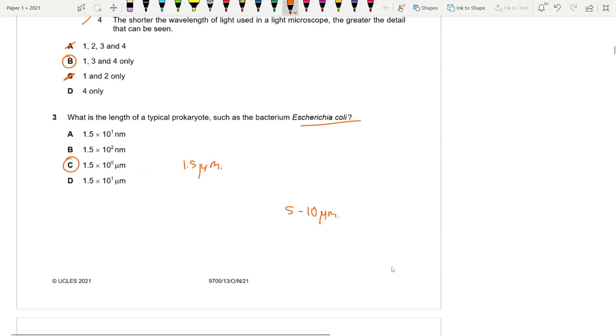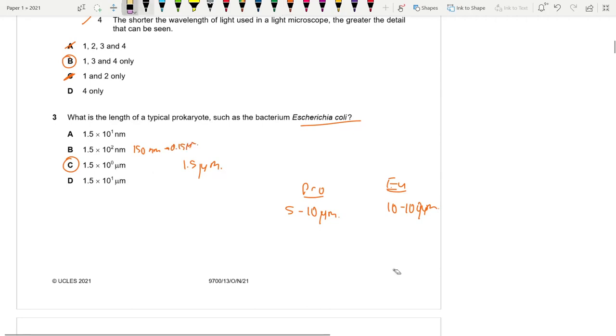And for a eukaryote, this is for a prokaryote. For a eukaryote, it's like 10 to 100 micrometers, okay? So 1.5 is the best one since it's okay. I mean, it's fine, right? Because if you look at these, what about these? This is 150 nanometers or 0.15 micrometers.